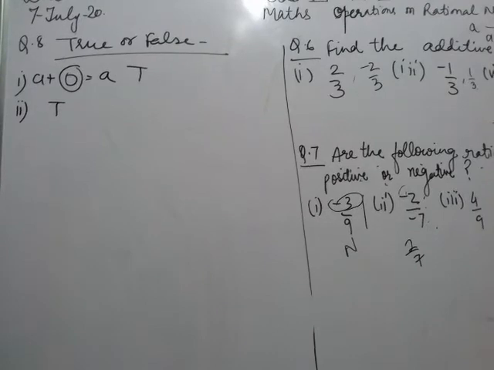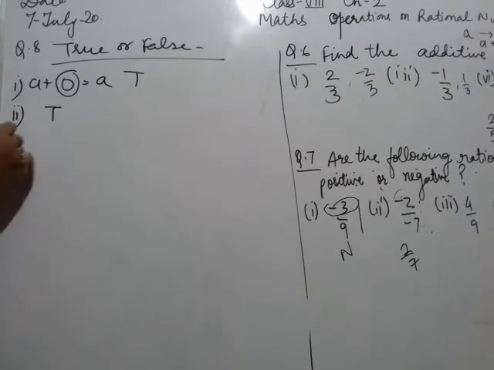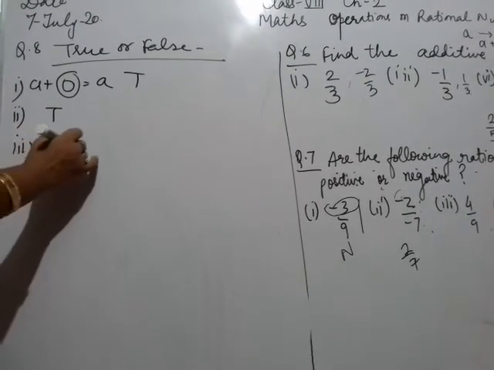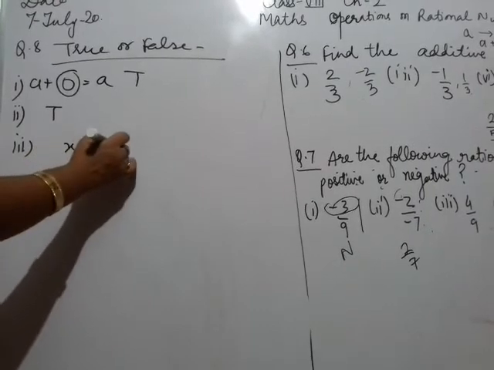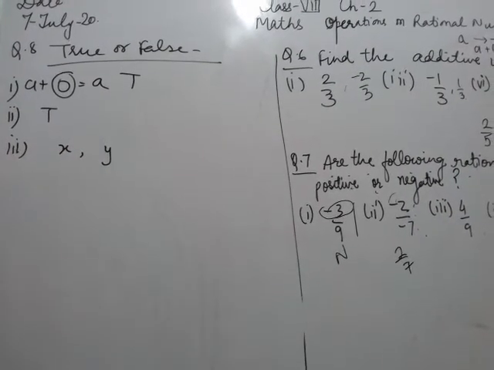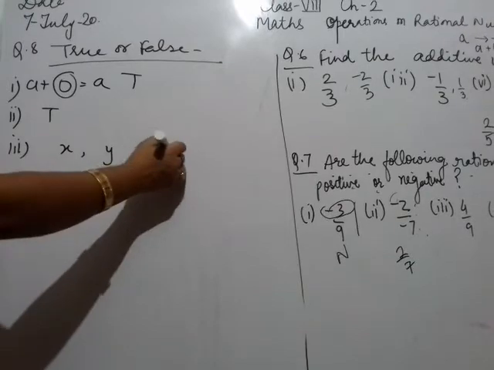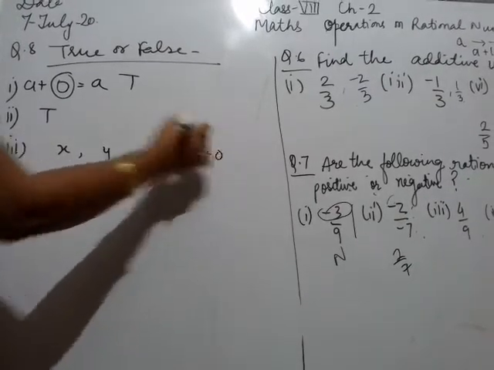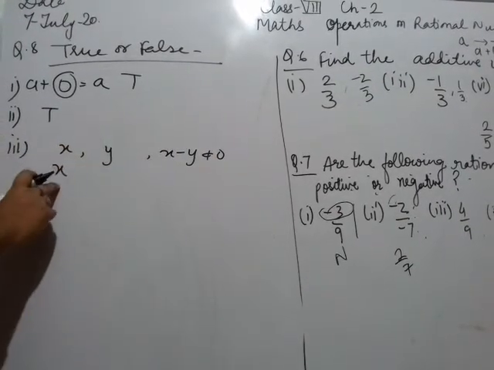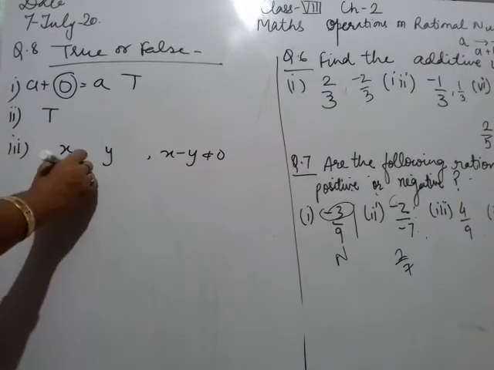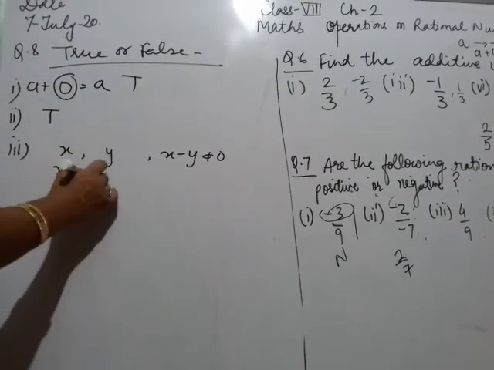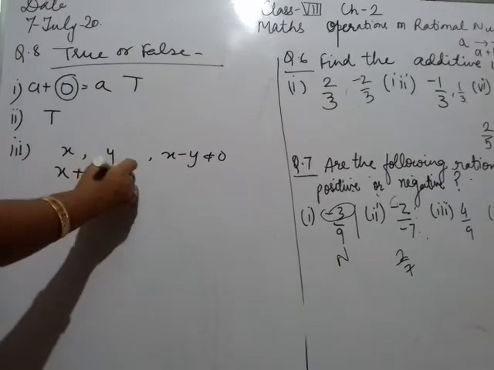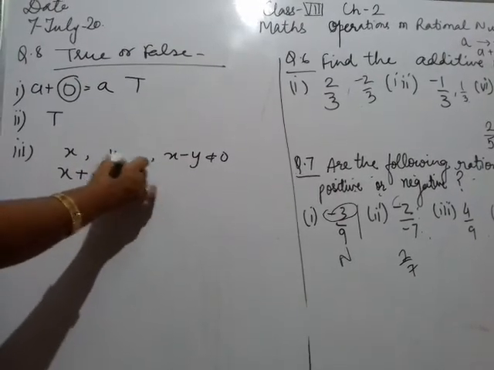If y is the additive inverse of x, then x minus y is 0. What is given? x is a rational number and its additive inverse is y. So x minus y is not 0. The additive inverse is addition, so basically x plus y equals 0.